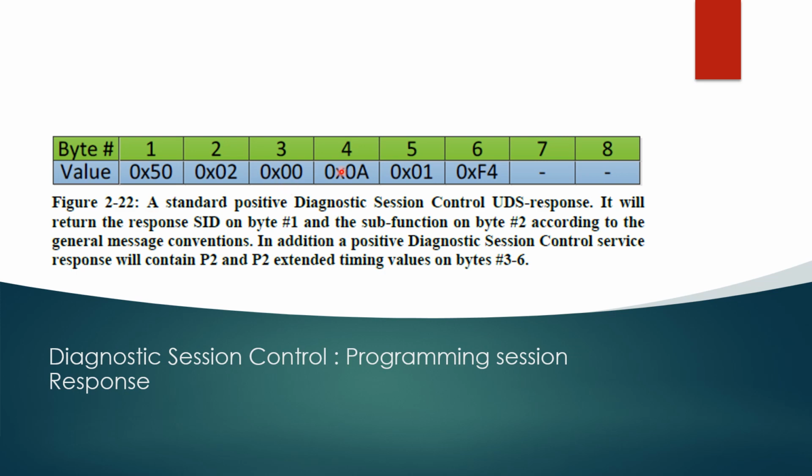Then you will generally get an additional 4 bytes in the response, reserved for the P2 and P2 star timing. If you check this, I think it will be 500 milliseconds. These are the generally followed timings, but you can convert this into a decimal value to get the actual value.